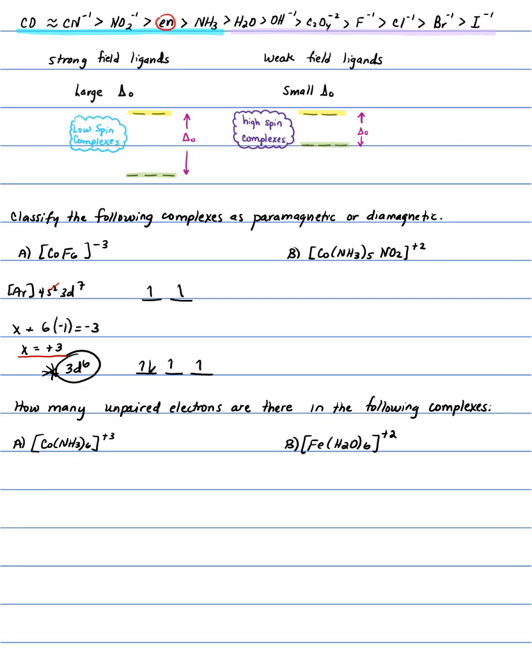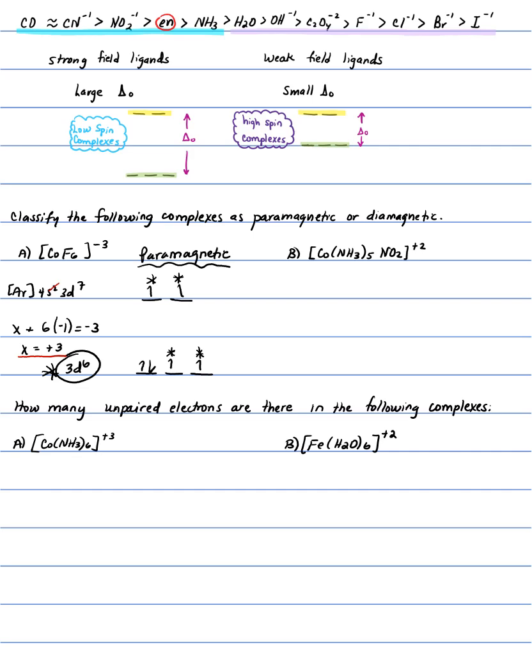If the problem is asking you how many unpaired electrons you have, 1 unpaired electron, 2, 3, and 4. You have 4 unpaired electrons. Even if it's just one, that complex right there is going to be paramagnetic. If all the electrons are paired, then you will have a diamagnetic complex.